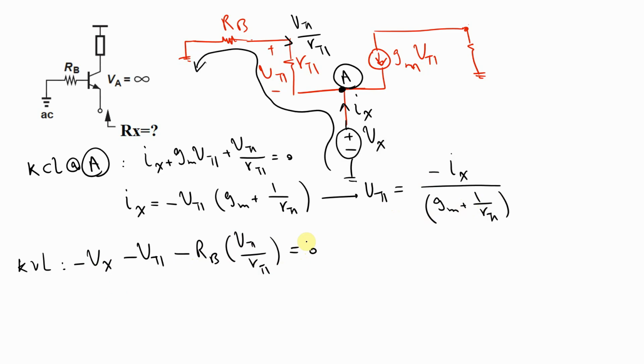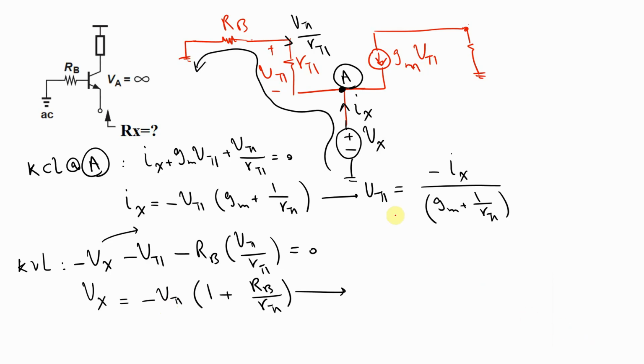Let's put Vx on the right hand side, so Vx becomes positive, equals negative V pi, factorize this one, times 1 plus RB divided by R pi. Now I'm going to substitute this. Let's put negative V pi in here.